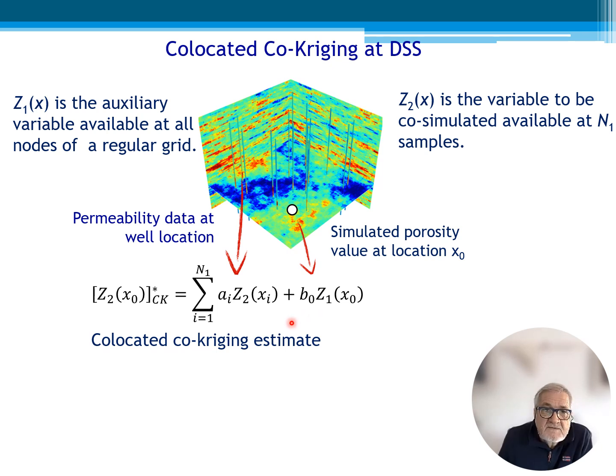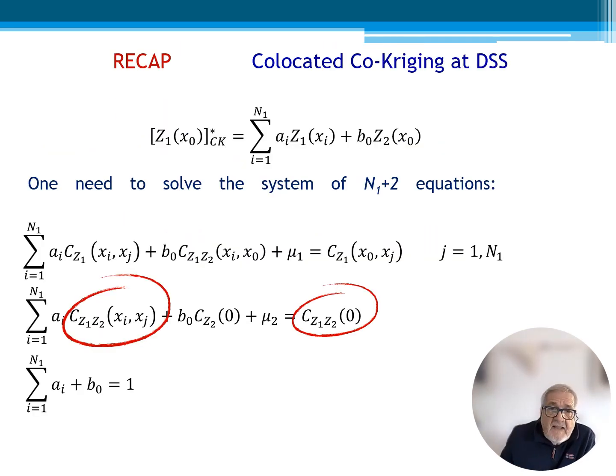We are going to use the collocated co-kriging estimate here. Co-kriging is a linear combination of variable Z2, which is, for example, permeability, known at experimental sample locations, plus the collocated value of porosity at the target location x0. This is a simple kriging.